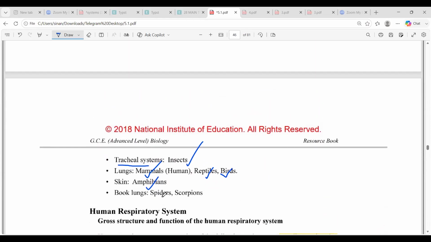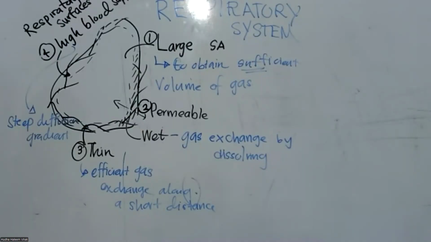And we have book lungs. Book lungs are used by spiders and scorpions. What is the common name for spiders and scorpions?